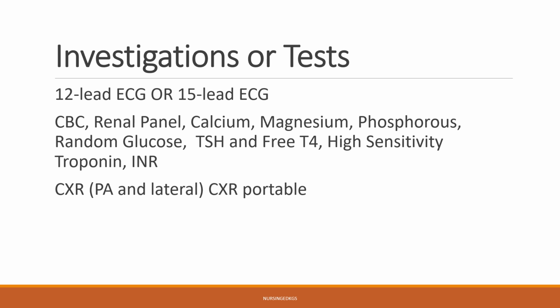Now, other tests that are ordered include your coagulation profile, and these will test your PT, which is not included here, your APTT, your INR, so that you can evaluate the patient's blood clotting ability, which is going to be very important because for patients who do have AFib, one of the concerns or complications is the risk for stroke.